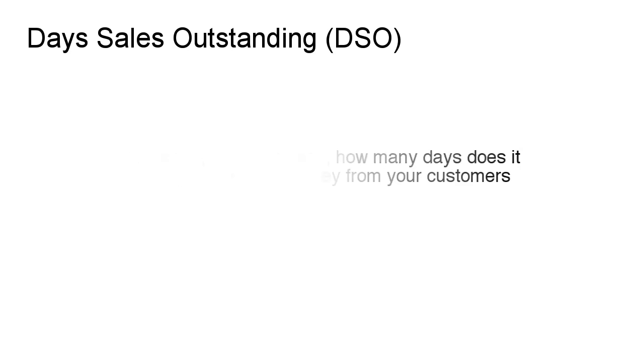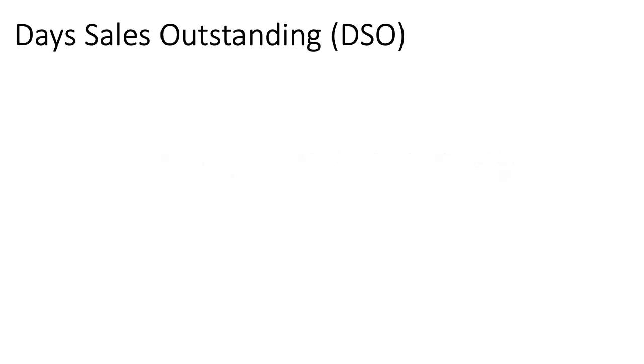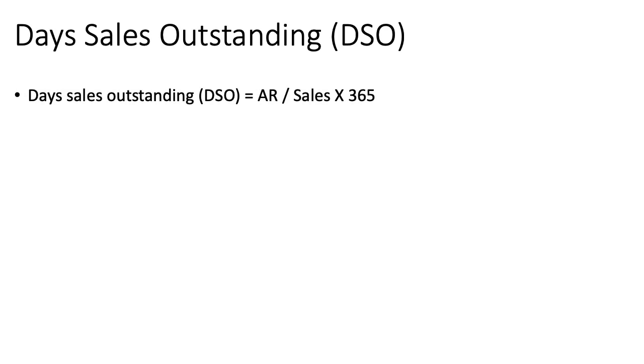It is calculated as accounts receivable divided by sales multiplied by 365. In our example, accounts receivable is 4,000 divided by sales, that is 18,000, multiplied by 365, that is 81.1 days. So our DSO given the example is 81.1 days.